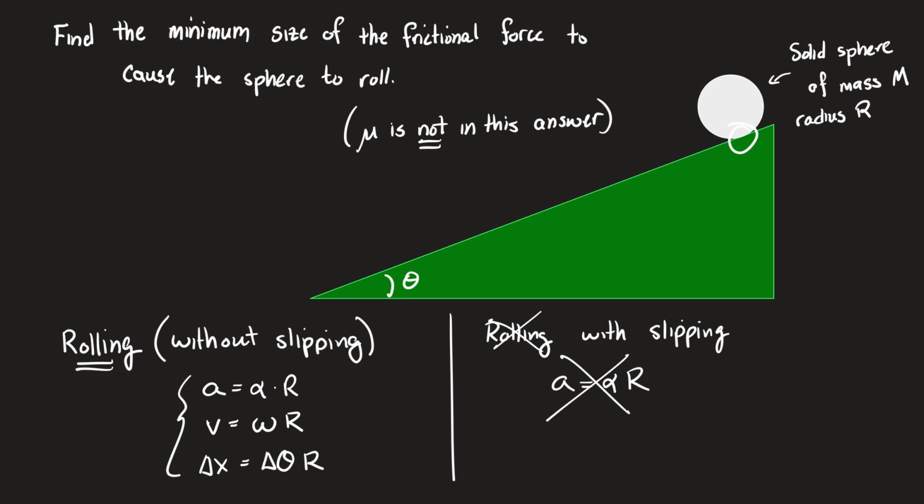But what's truthfully happening is if you are rolling with slippage or the wheel is slipping, that means there is kinetic friction acting on your object because it is moving with respect to the surface. So if you're rolling with slipping, you have kinetic friction. But if you're rolling without slipping, you have static friction.